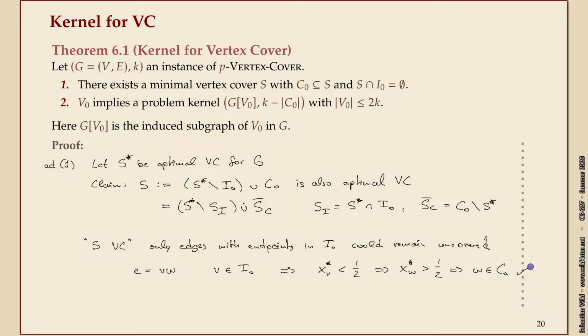And that's basically all. Any other edges we don't touch. If it has no endpoint in I0, whatever endpoint it previously had in S star, it'll still be there. We don't remove it.